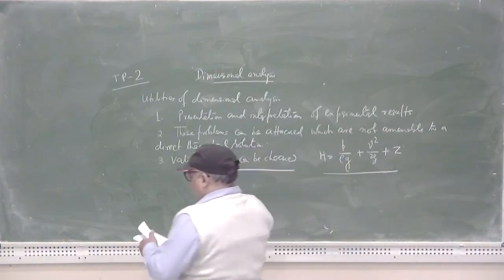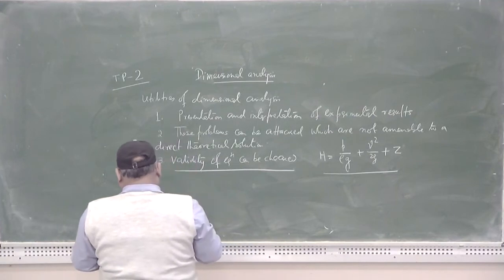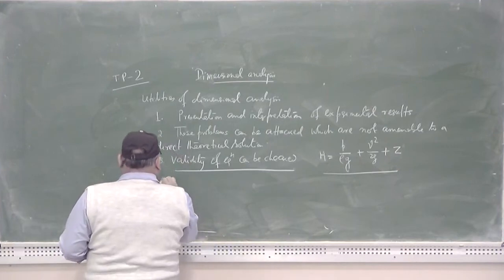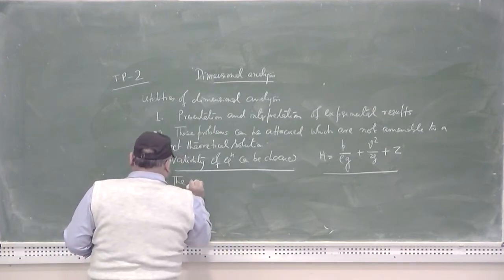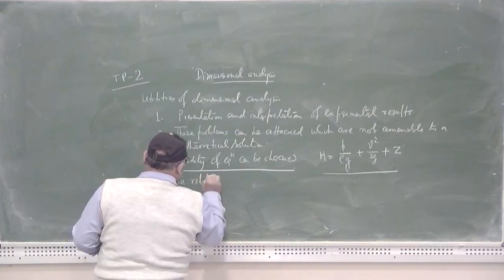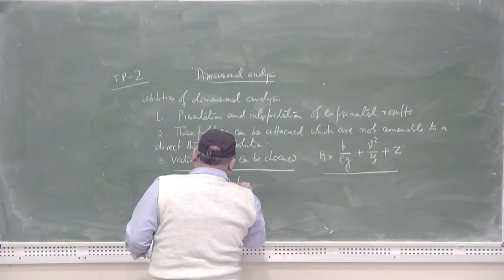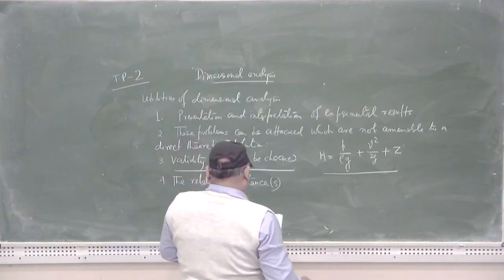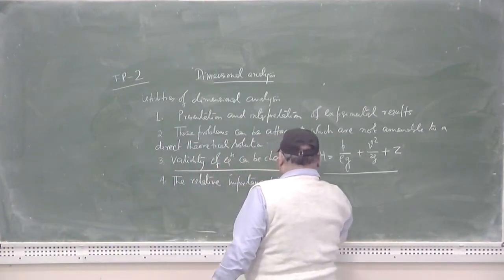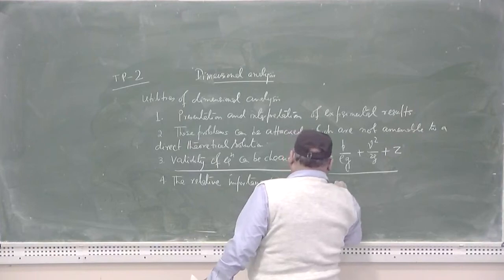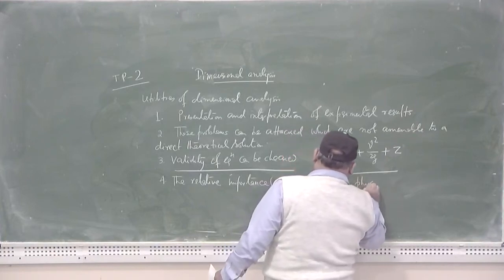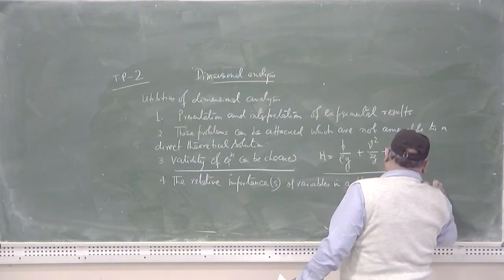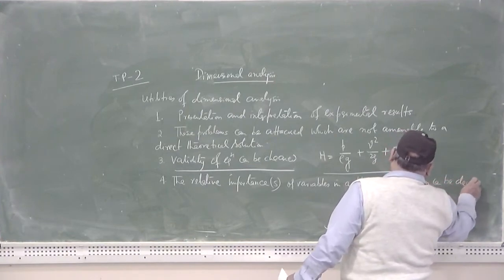And number 4 is the relative importance of variables in a physical phenomenon can be decided.